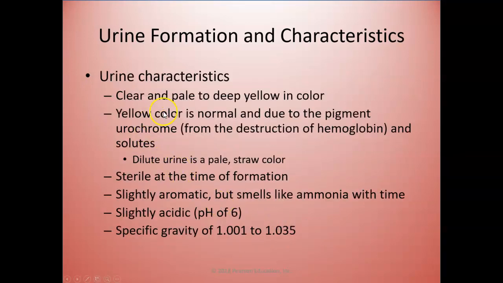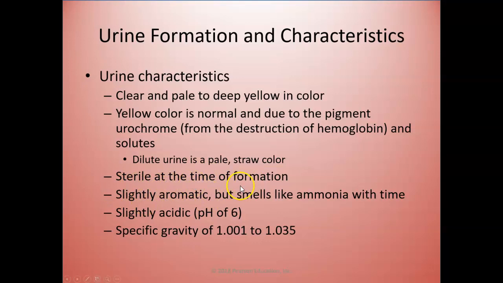So characteristics of urine: pale to clear in color to deep yellow, depending on how hydrated you are. Yellow color is normal. There's a pigment called urochrome that we get from the destruction of hemoglobin. Remember, that's in our blood cell that carries our oxygen. Urine is considered to be sterile at the time of formation when it's in the kidneys, but some people say that when you urinate, it's actually sterile at the time it comes out.